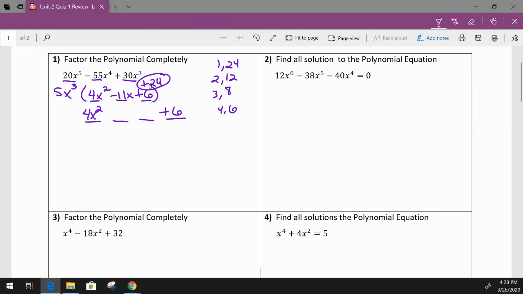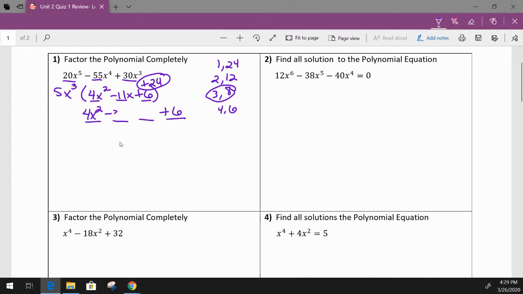The question that I like to ask is, again, looking for 2 numbers that multiply together to equal 24, but add up to 11, because that's what I have in the middle here. If I look at my numbers that multiply together to equal 24, 3 and 8 will add up to 11. Now you want to be careful. You want them to add up to a negative 11.